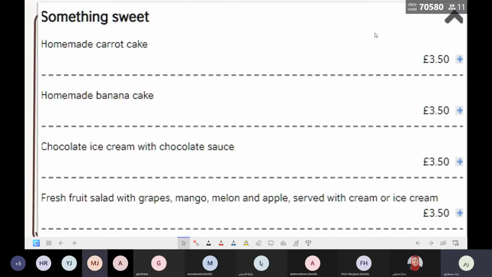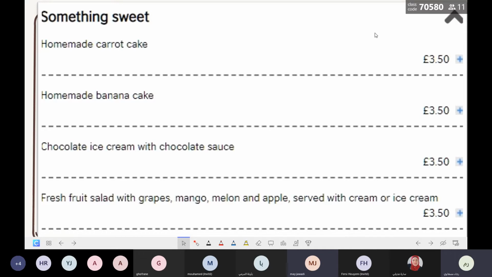Homemade carrot cake, 350 pounds, yes. You continue. Homemade banana cake, 350 pounds. Chocolate ice cream with chocolate sauce, 350 pounds.